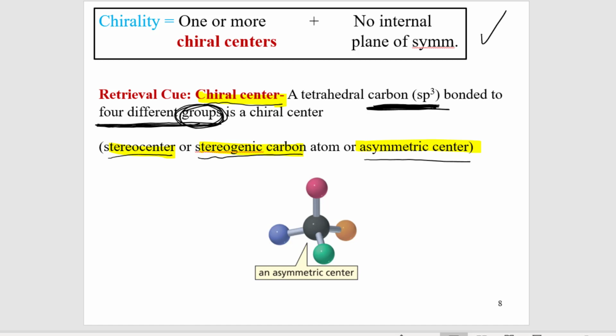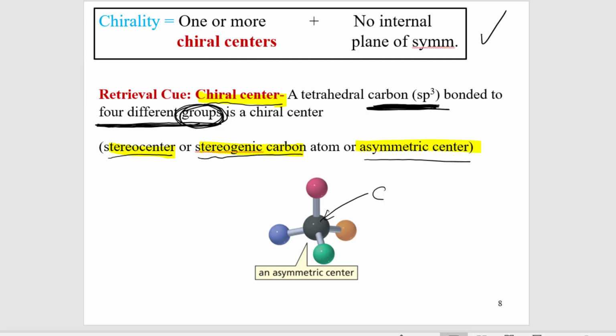So right now you can see that this black carbon right here has tetrahedral sp3 orientation, right? So hybridized sp3, you can see the tetrahedral nature of it. And the 4 different groups are represented as different colored atoms at this point: red, orange, green, and purple. So that would be considered an asymmetric center or a stereocenter or a chiral center or a stereogenic carbon. Like I said, whichever one you need.